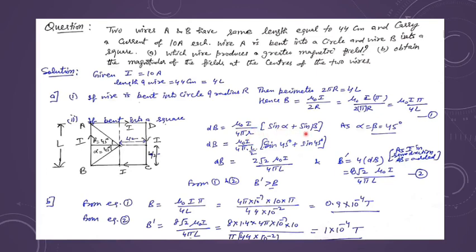In the diagram you can see alpha and beta both are 45 degrees. This distance r from the center is equals to L by 2. Putting the values, I am getting dB equals to 2 root 2 mu naught I upon 4 pi L.